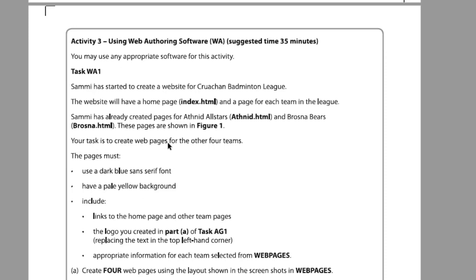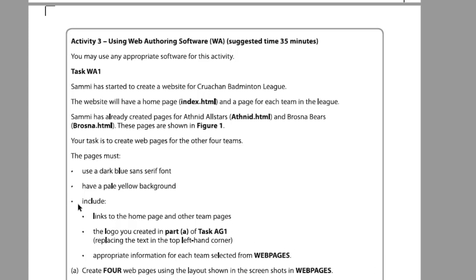So your task is to create a web page for the other 4 teams, and the page must use a dark blue sans serif font, have a pale blue yellow background, include links to home pages, and the logo you created in part A1. So just give me a moment.